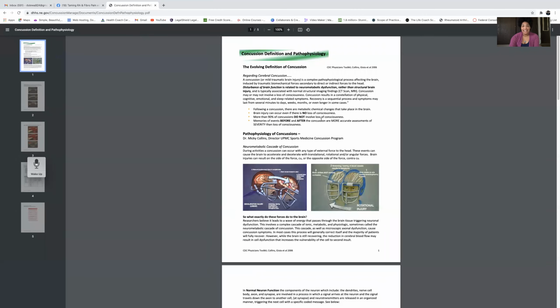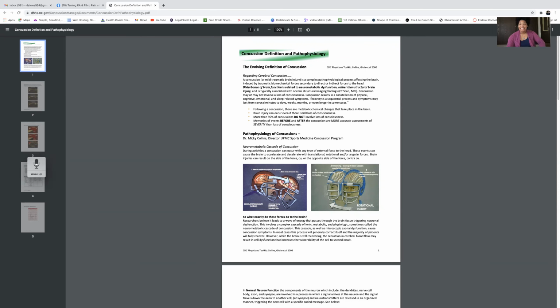There we go. Okay, so I'm gonna put the link in the description, but this is basically looking at what a concussion is and it goes into the fancy pathophysiology.